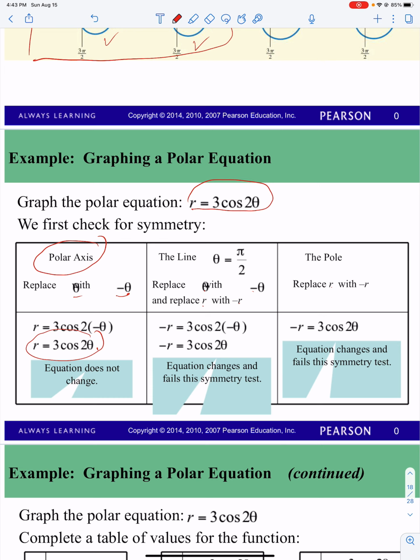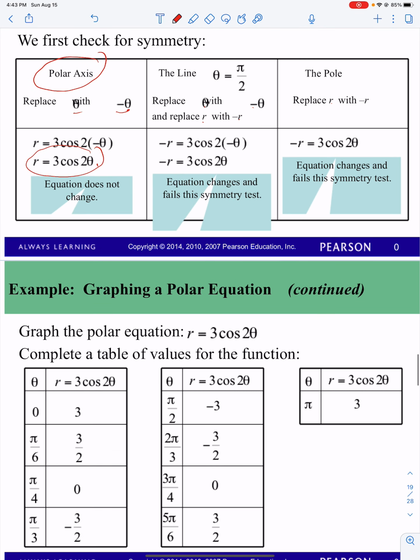The first one. So the only symmetry you have is with the polar axis. So you only need to choose values from 0 to pi, and then for pi to 2 pi, use the symmetry with respect to the polar axis to draw.